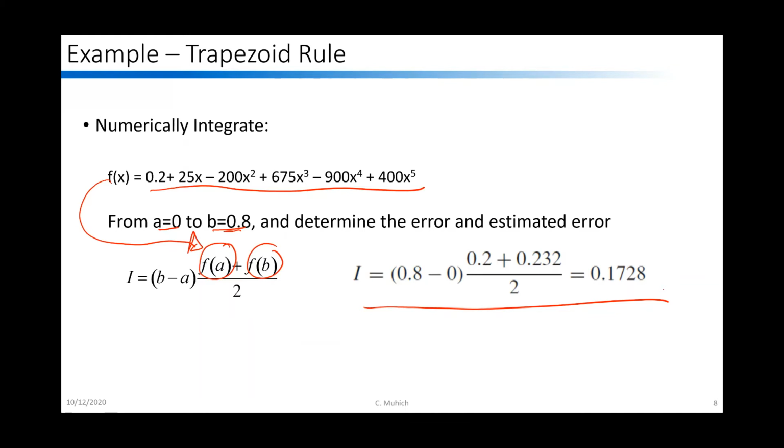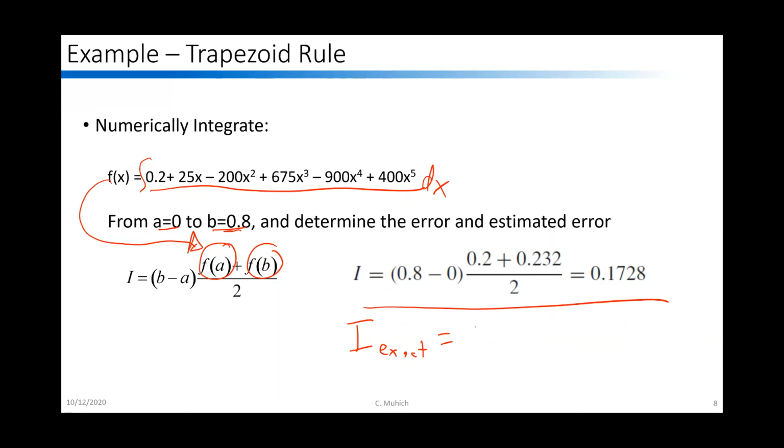This is great. So now we have an estimation for our integral. Now, I'm not going to do out the math, but we can do this integral exactly, because we can take the integral of this polynomial dx and plug in our a equals 0 and b equals 0.8.